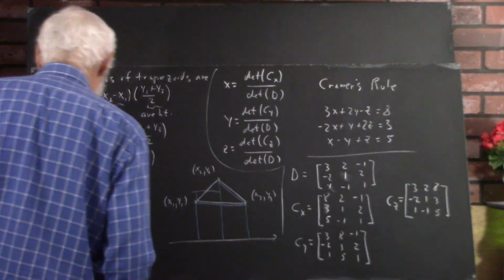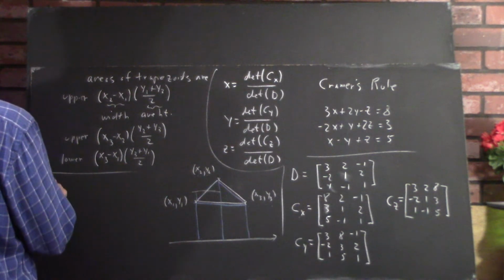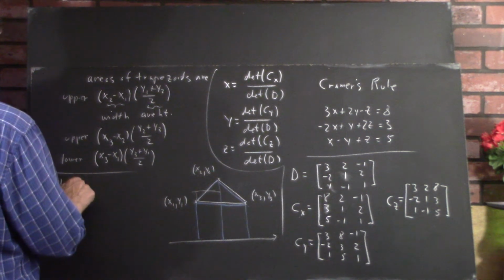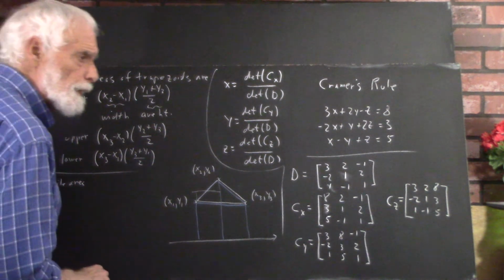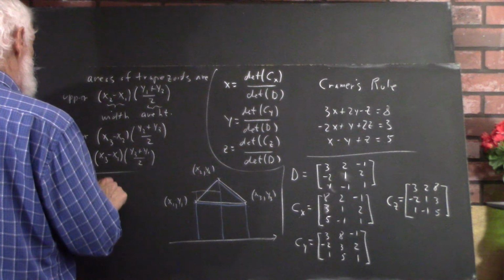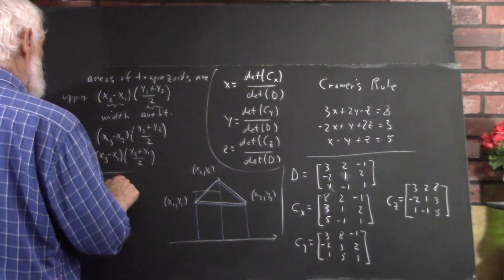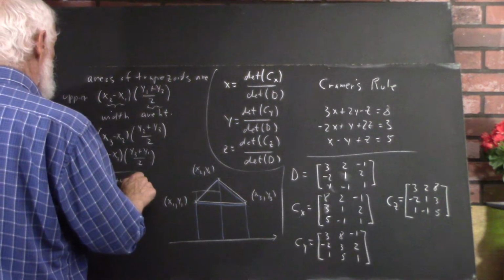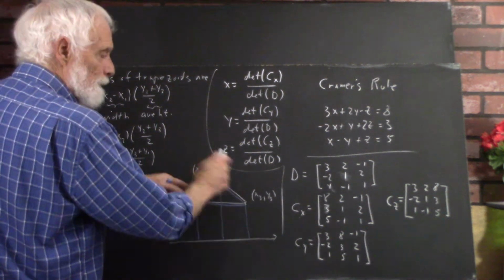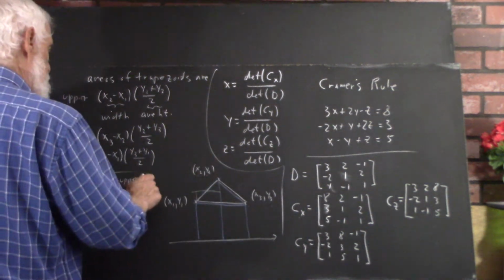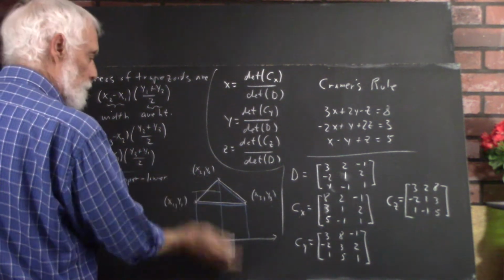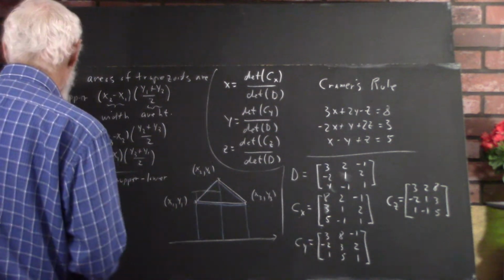Well, the triangle area is the sum of the two uppers, because the two uppers make up this house-shaped thing here. And then you subtract off the lower, and you've got the area of the triangle.